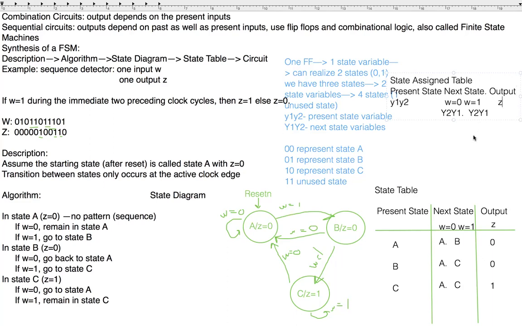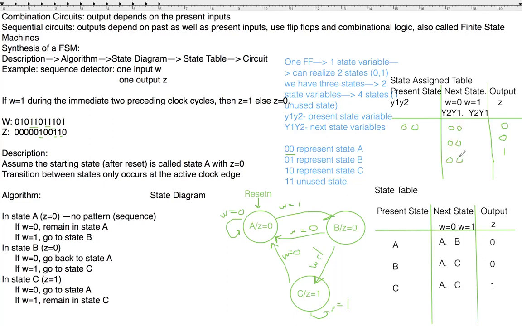We got all those. Now I'm going to draw the table just like the others. So here, have our present states, have our next state, and our outputs. So the output column will have our 0, 0, 1. And then for A, we had 0 0 representing it. So wherever there's an A, I'm going to put 0 0 here, 0 0 here, and a 0 0 here, 0 0 here.